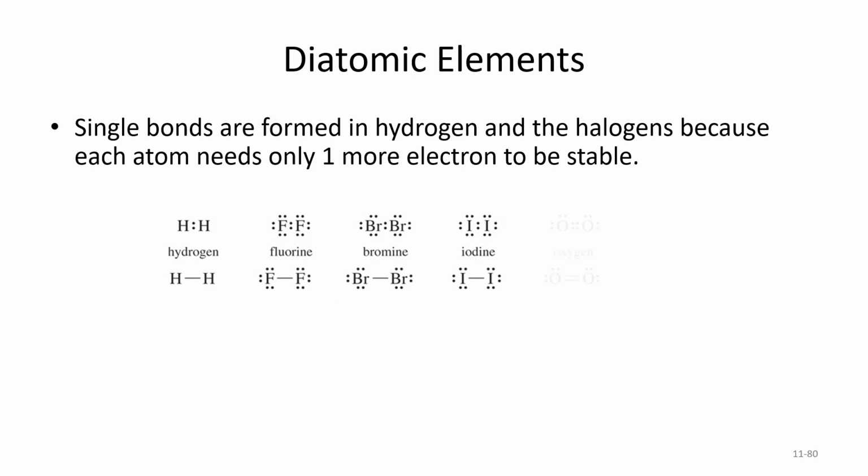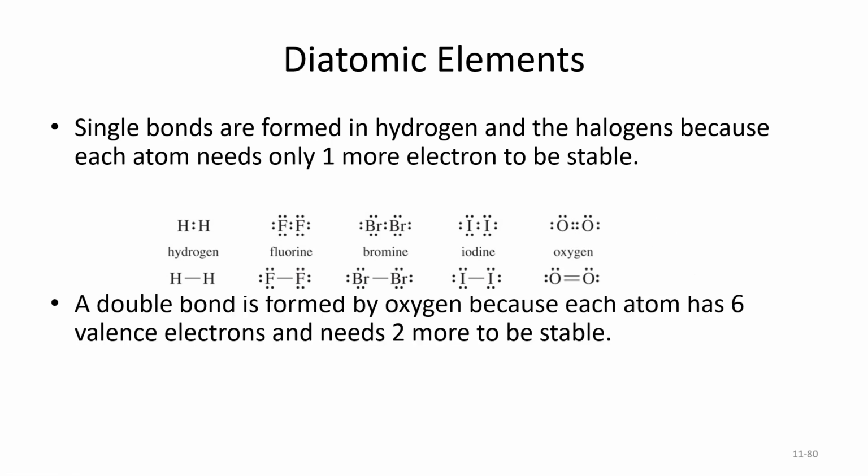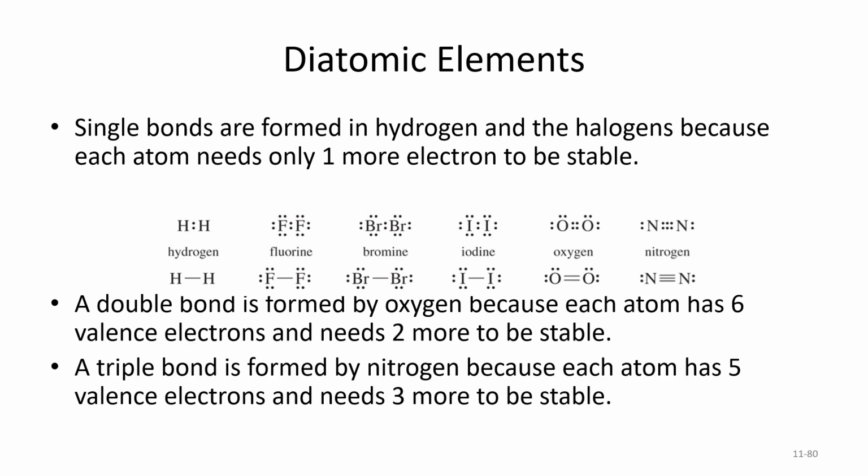So fluorine, let me just add all of this information. Fluorine has 7 valence electrons.